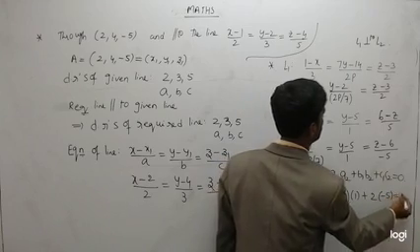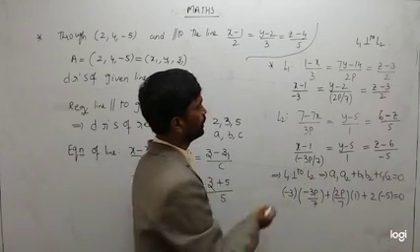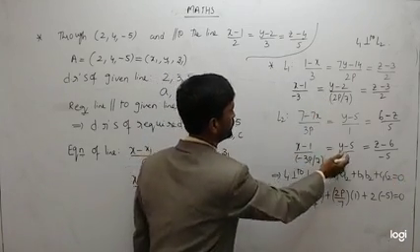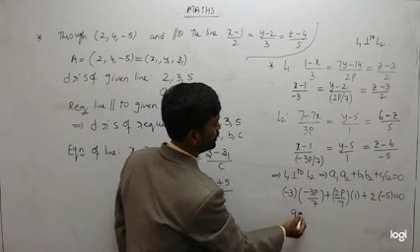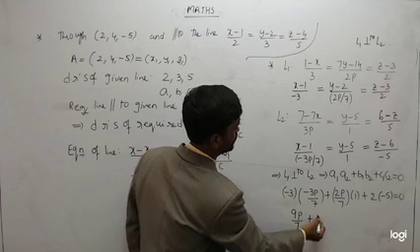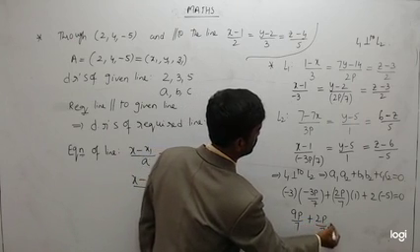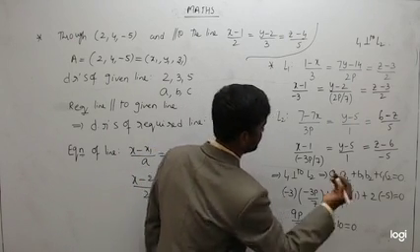Minus 5, is equal to 0. So if you multiply, what will you get? 9p by 7 here, plus 2p by 7, minus 10 is equal to 0.